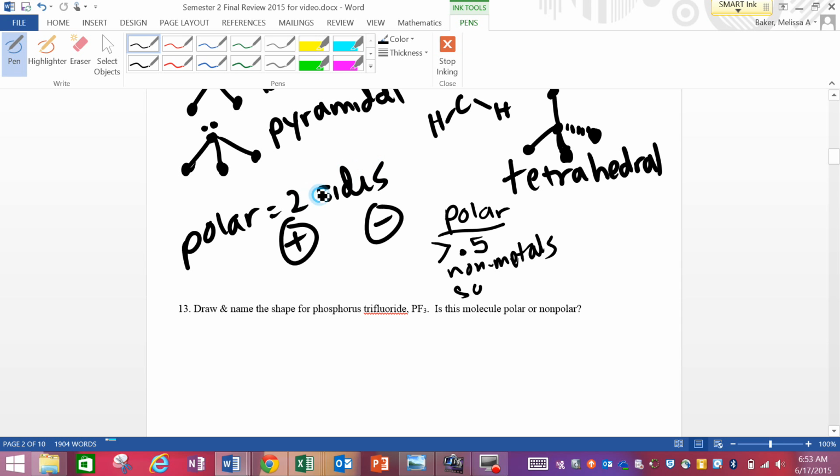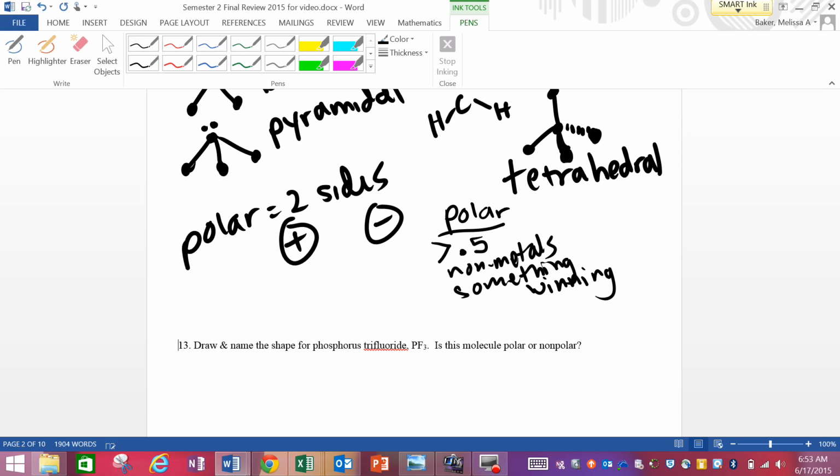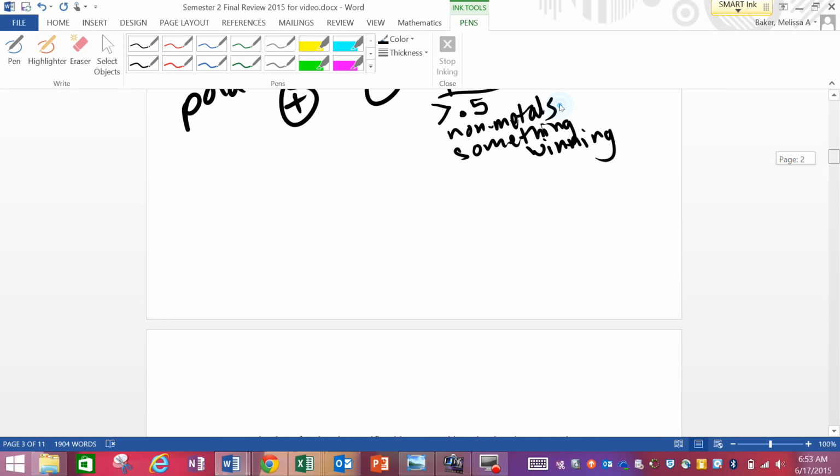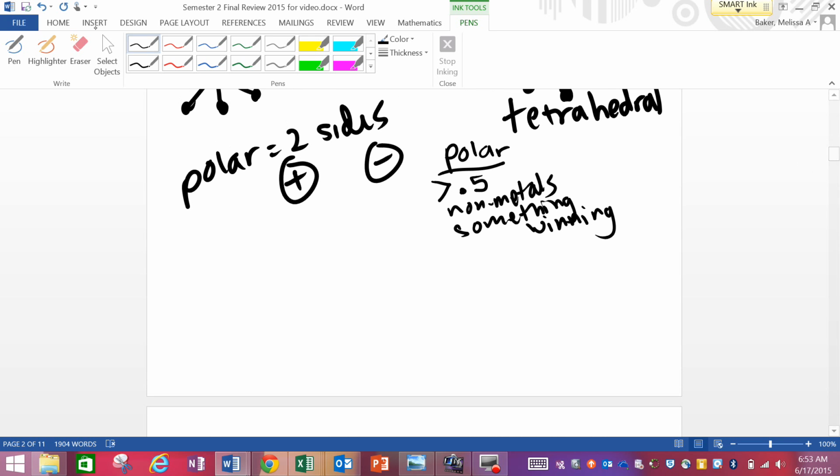And something is winning. And what I mean by that is something is pulling and creating these partial charges. I'm going to give myself a little bit more room here. Okay, so let's look at an example.